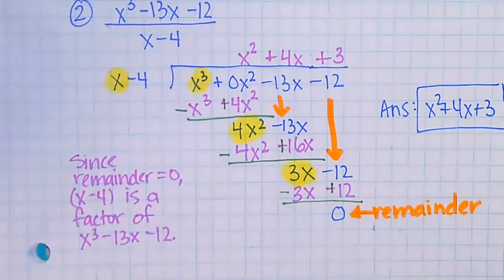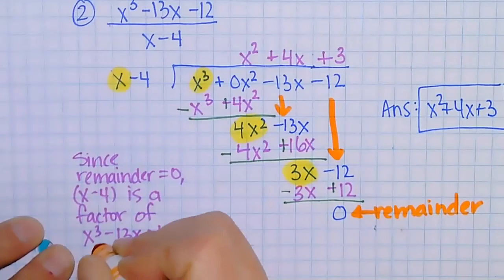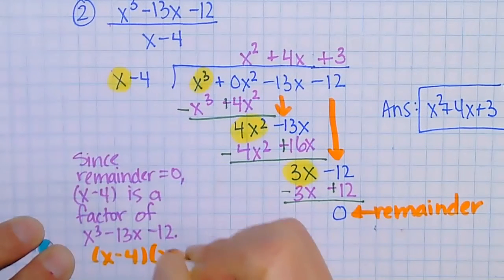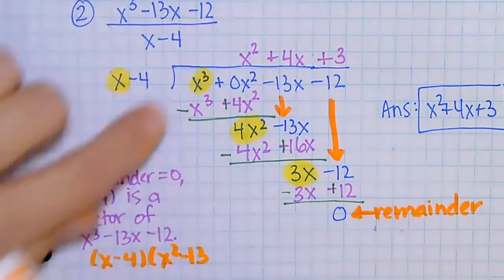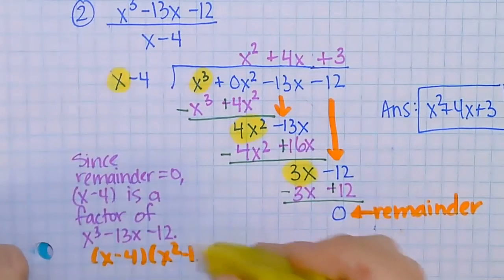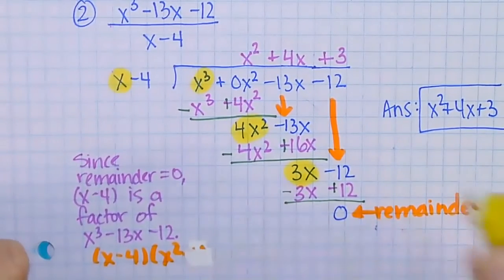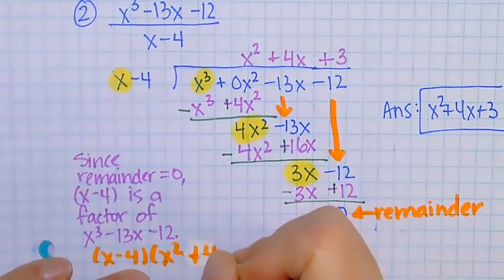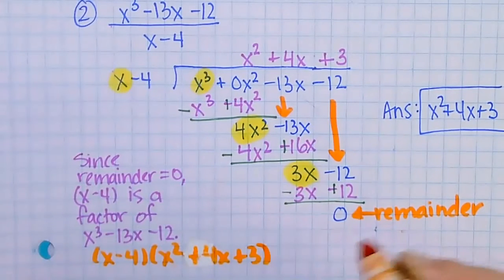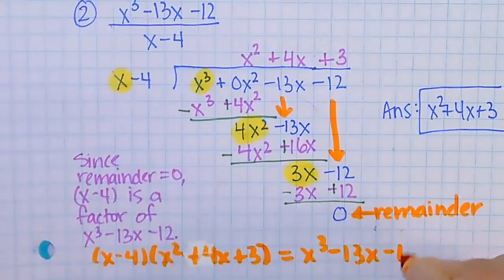But what that also means, and here I'm going to write this in a different color, is the following. I know that x minus 4 times x squared plus 4x plus 3 is equal to x to the third minus 13x minus 12.